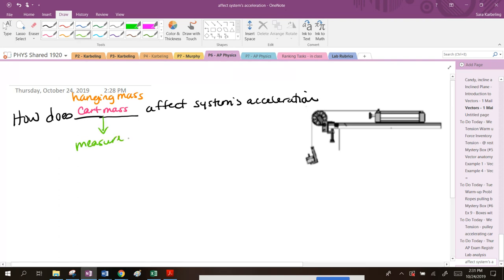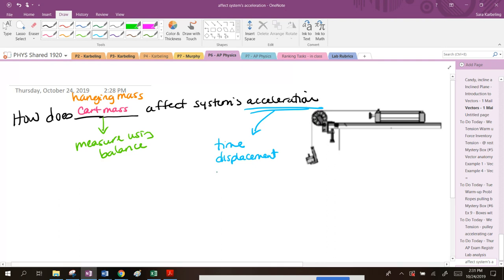Measure using a balance. How are we going to measure the acceleration? Okay, so displacement maybe? Yeah. What else did you know?